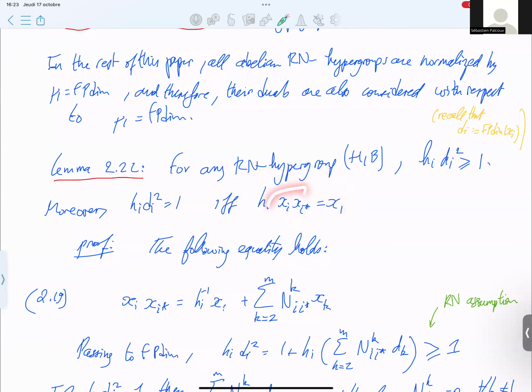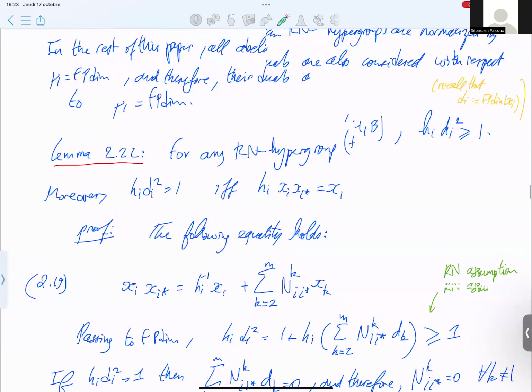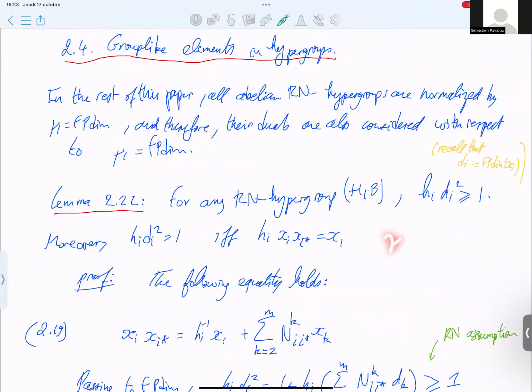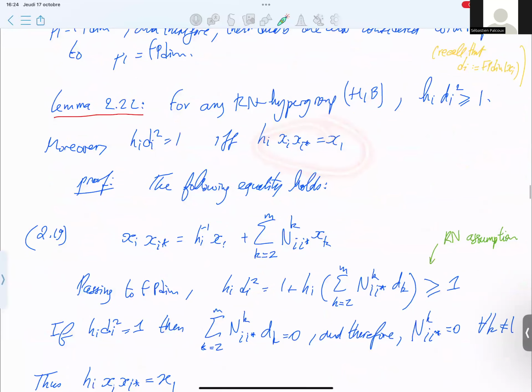This means that you have a standard element, you multiply it by its dual, and the decomposition only involves the unit. So it looks like you have a group element and its inverse, you get the unit. So every element going this way will be called group-like. And in fact, we will show that the product of two group-like elements is also group-like, satisfying that.